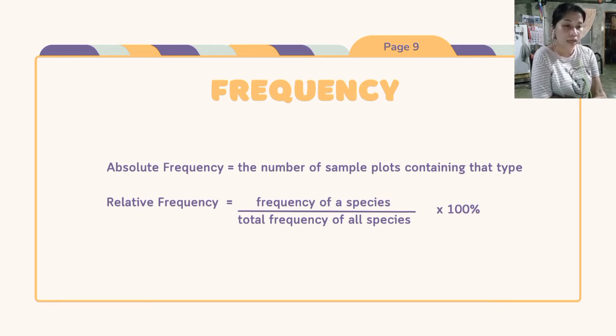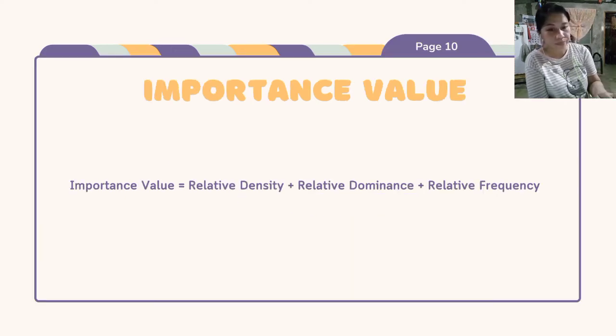And to get the relative frequency, we have to divide the frequency of a species by the total frequency of all species, and the answer will be multiplied by 100.